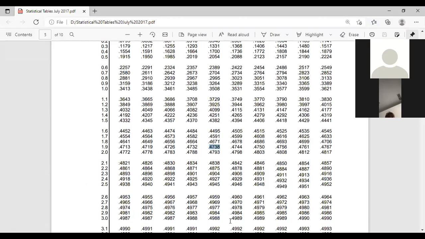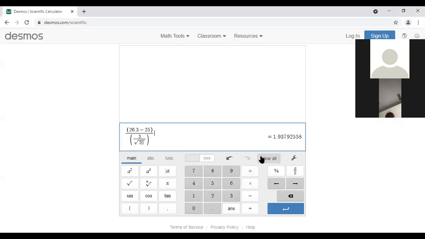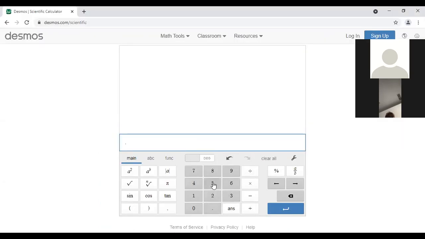So now when we subtract this from 0.5, 0.5000 minus 0.4738 is 0.0262. Okay. So that gives us the answer, 0.0262.